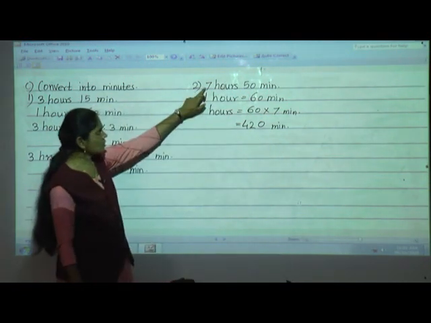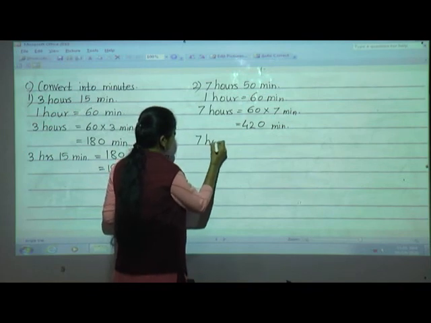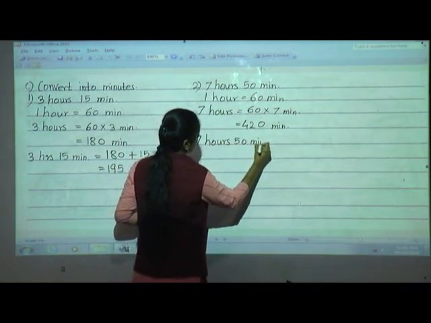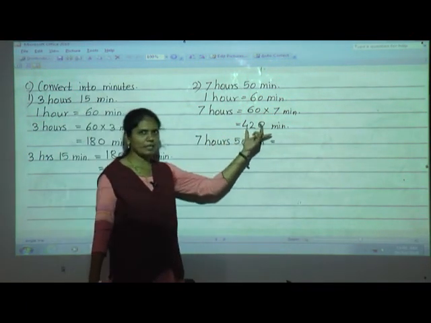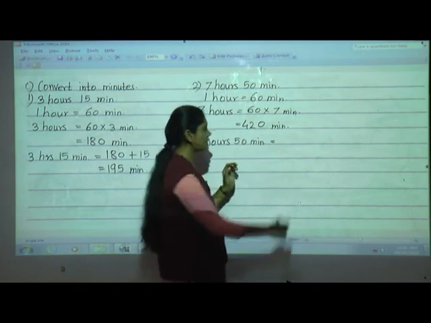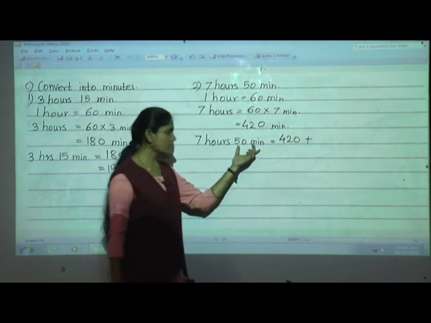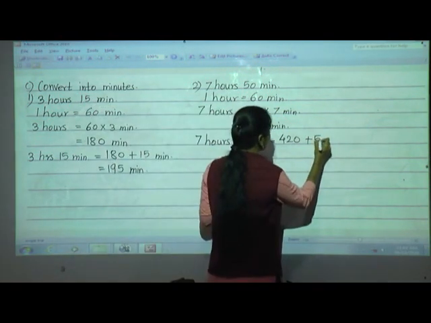Now what is the question? 7 hours 50 minutes. So write here 7 hours 50 minutes is equal to. Now 7 hours is equal to how many minutes? 420. So we'll write here 420 plus this 50 minutes we have to add.